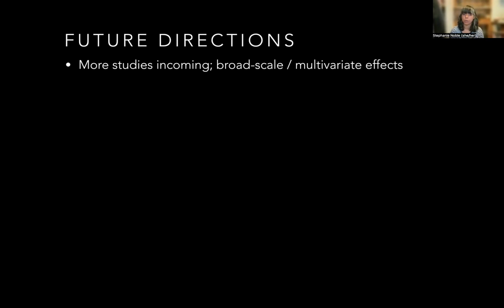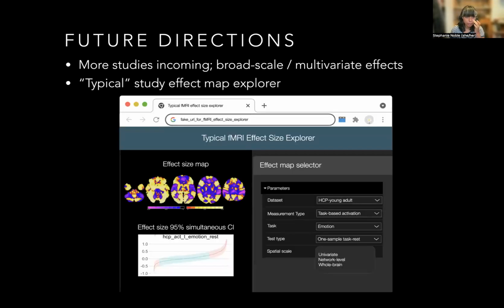Another next step is to repeat these analyses using some of the broad scale and multivariate procedures that we've developed, to estimate how effect sizes might change for those conditions compared to univariate effects. And then a big plan for this is to provide a typical effect map explorer, just a simple point and click app where you can see what effect sizes you might expect for a number of different very typical contexts, so all the studies that we have in the database.